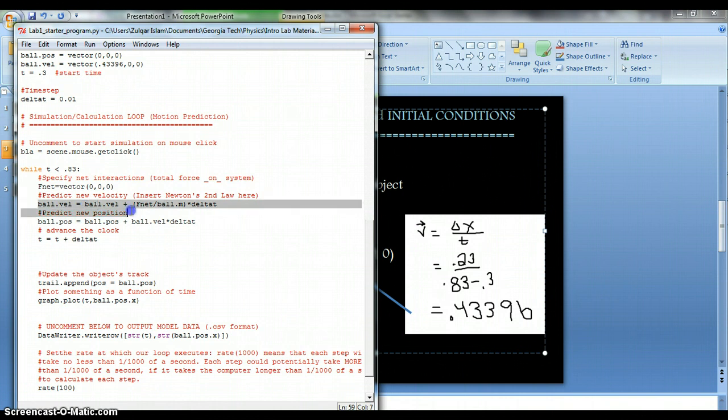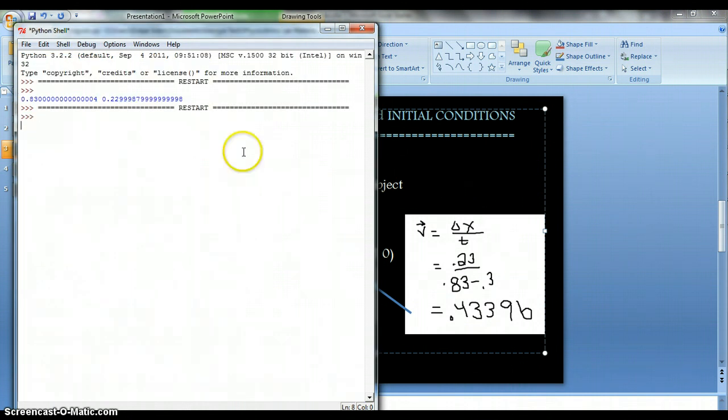To predict the velocity of the ball, as a marker, I have to do the velocity plus acceleration, which is equivalent to force divided by mass, times t. But here, like I said, I set the force equal to 0, so 0 divided by any number is still going to be 0, and it's being divided by the mass. So this is the only part where mass is even considered, but like I said, it's kind of irrelevant. And then position is found by adding your initial position to velocity times time.